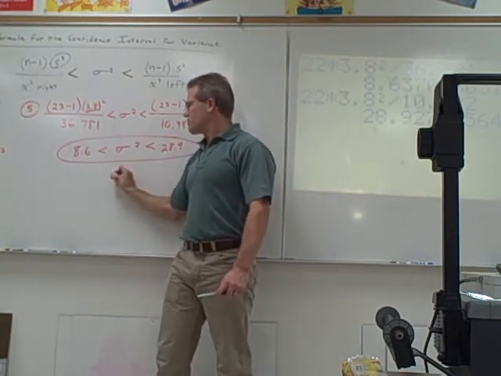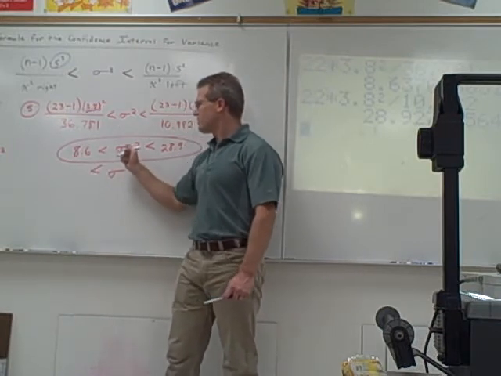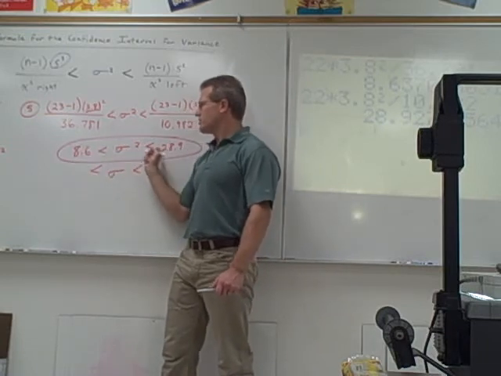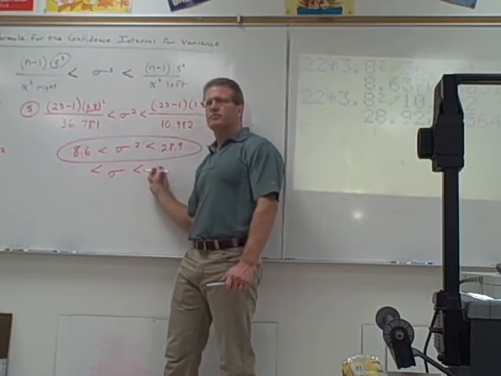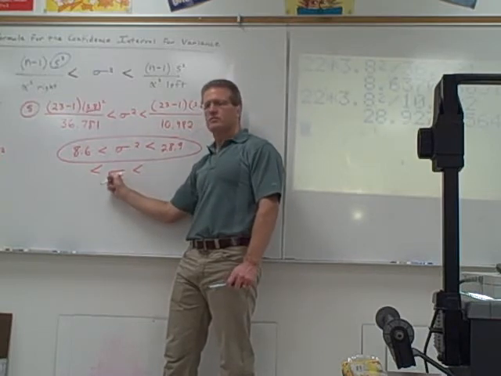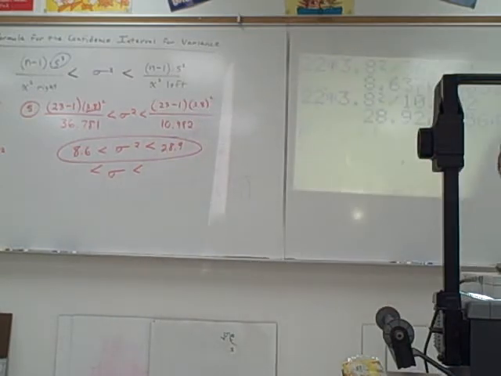Now, let's also do a confidence interval for the standard deviation. This was a confidence interval for the variance. So what would I have to do to both of these numbers to get this second answer here? Think about what you would do to this to get to this. Square root. So you've got to take the square root. Now don't take the square root of 8.6, take the square root of 8.637. Go out at least 3 decimal places.